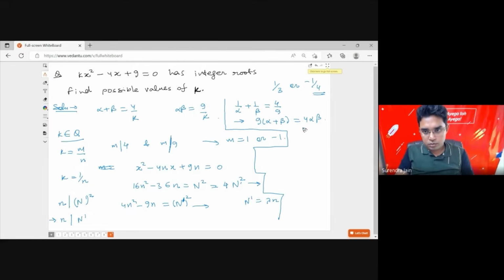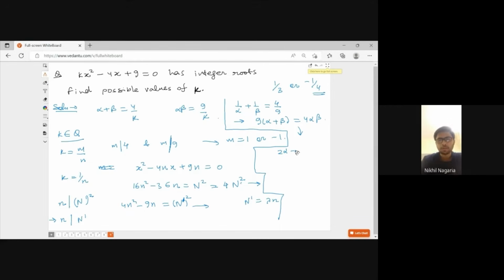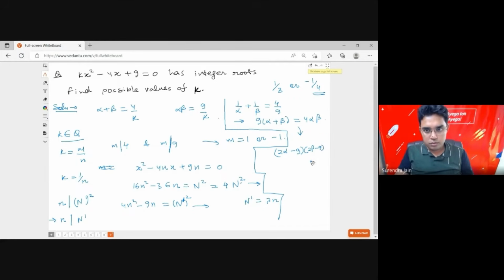Yes, sir. After that, how can we solve it? Then we can take 9m plus 9n on the other side and factorize. So this way, I think this can be done very easily. Maybe 90, 81 or something like that will come. So first you will find which alpha and beta are possible, and then I can find the k values. Yes.